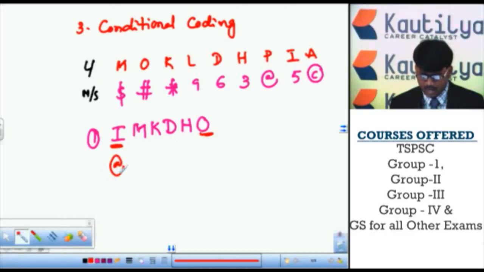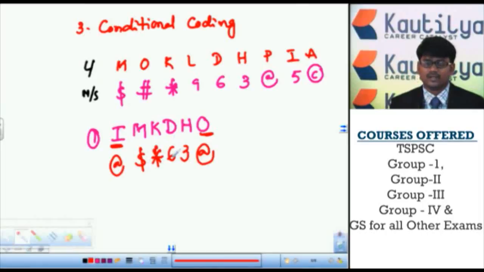That means I and O are coded by at the rate of symbol, and M is dollar, K is star, D is 6, H is 3. This is the conditional coding for the given statement.